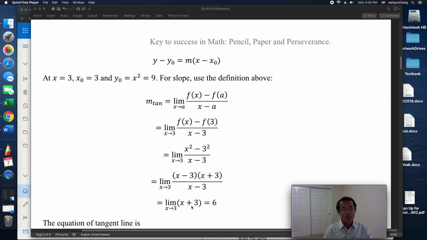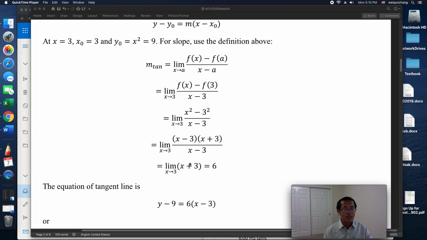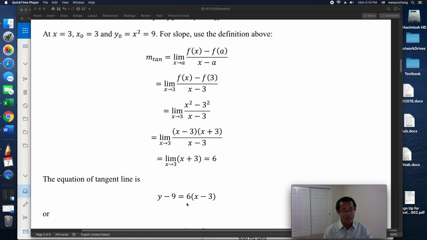And at this moment, there's nothing wrong with direct substitution, right? Replace x with 3. So the limit is 6. Keep in mind, the limit we calculated is for the slope of the tangent. So according to the point-slope form of a line, the equation of the tangent line is such.